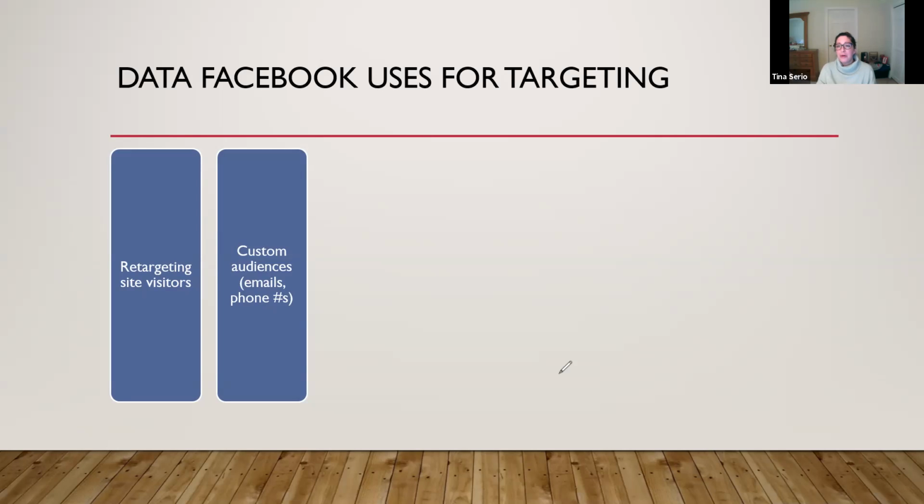That's only 20 people, which would be very small, right? So what you could do is say, Facebook, please find people that look like the people in this list. That's your seed audience. You're saying create a lookalike, a similar audience to the people in that custom audience you uploaded.